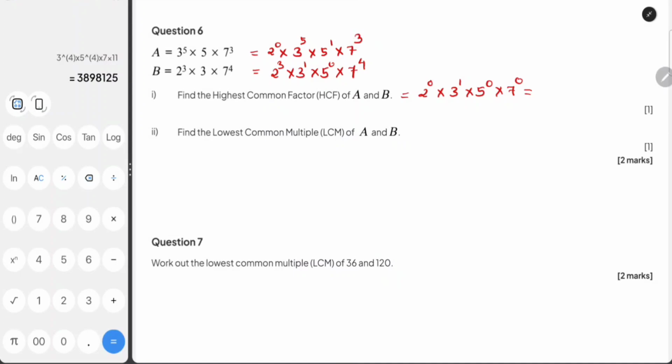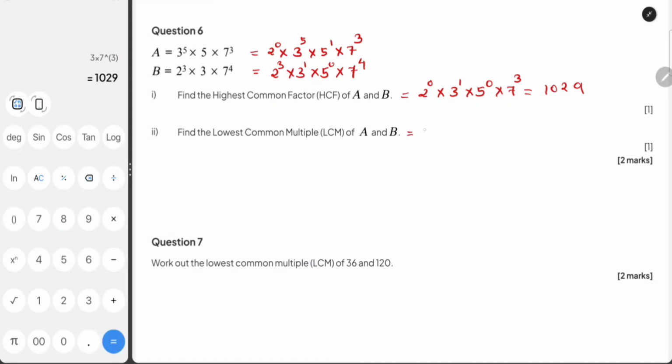So the lowest power of 7 is 7 raised to 3. So now let's use calculator. That's 3 into 7 raised to 3, 1029.